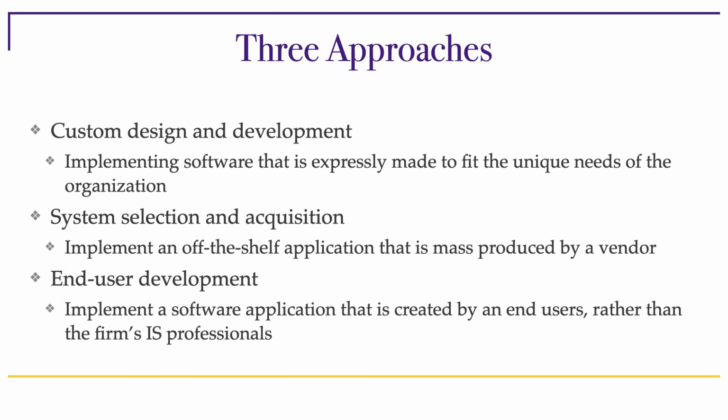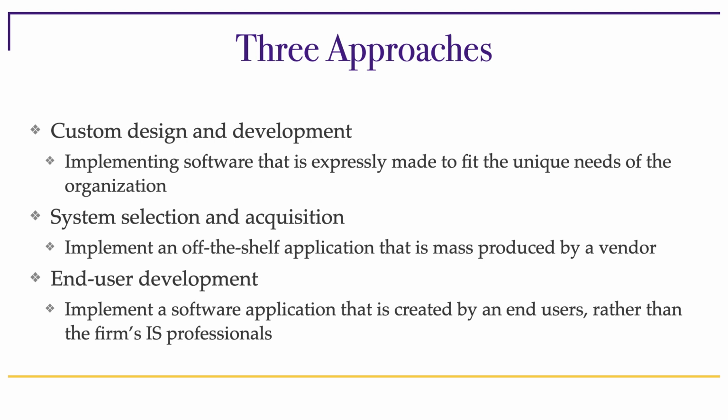So as I suggested earlier, there are three main approaches to information systems design and development. The first one is custom design and development. Here, the organization, either internally or through partners, is creating an information system that needs to fit the unique needs of the organization.